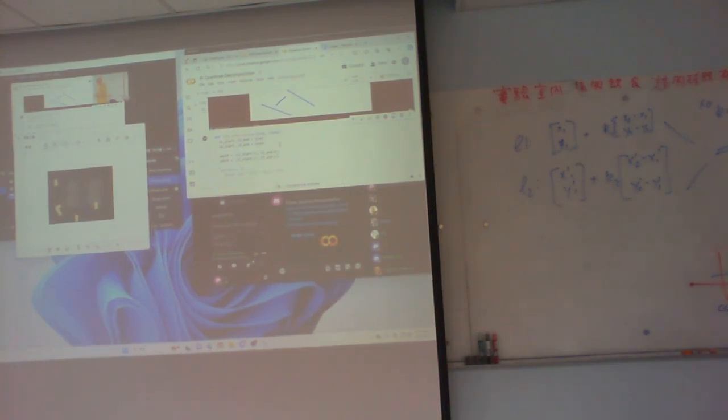Then you have to substitute and apply this plus minus pattern. I remember there's a way to downgrade to 2 by 2.